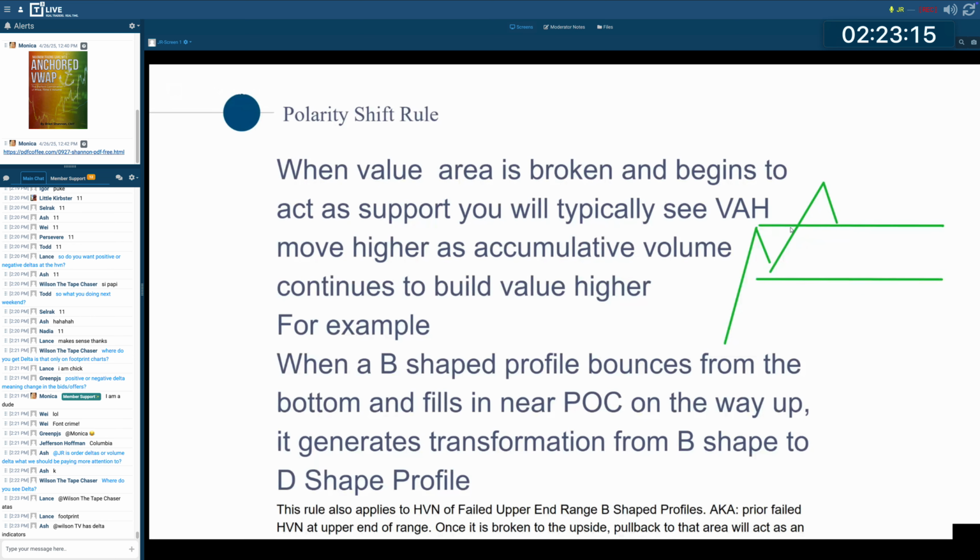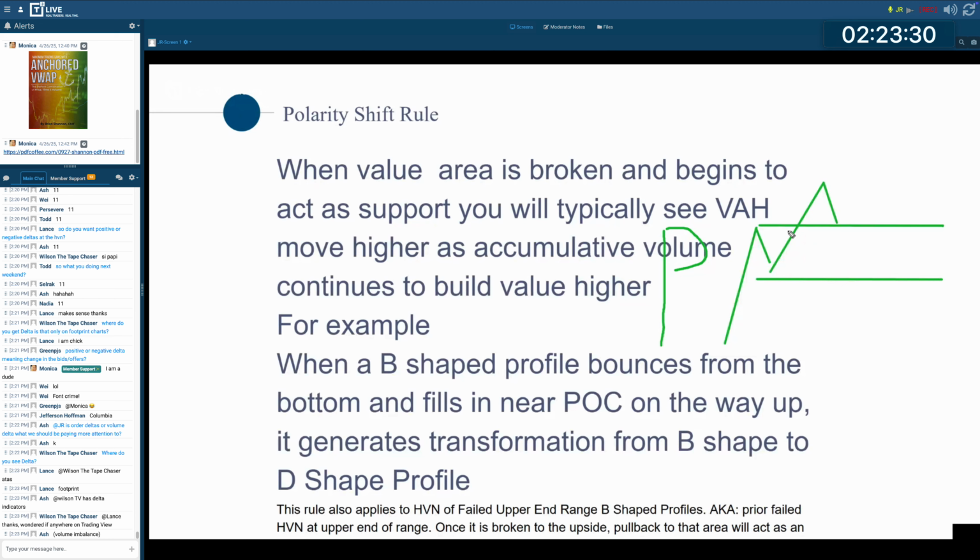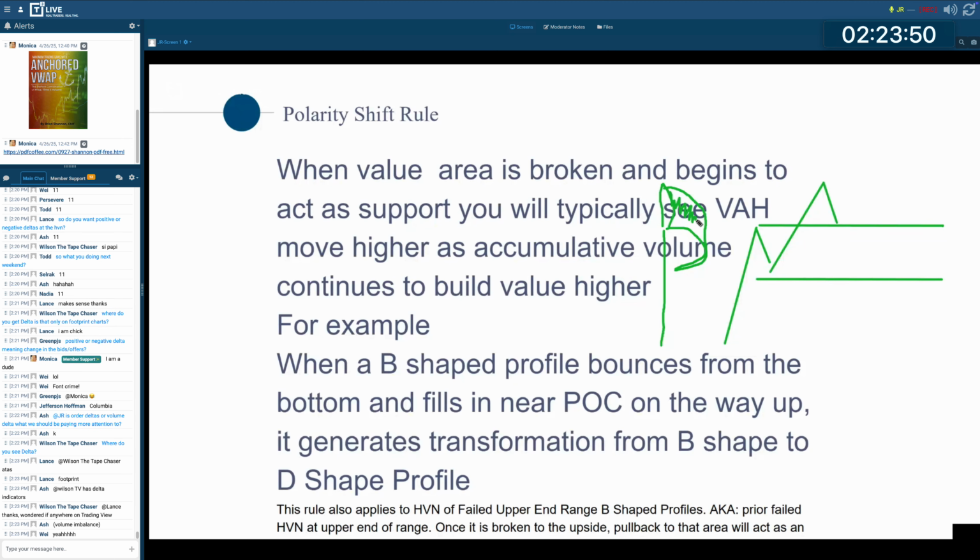So one of the things you don't want to see in your profile, typically, okay, so in the beginning of the day into here, this is what your profile looks like, okay? And then typically on this breakout, you'll have some volume here, okay, but not a lot. On this pullback, okay, you want to see this turn into a bigger P. Does this make sense? You want this filled out, okay?